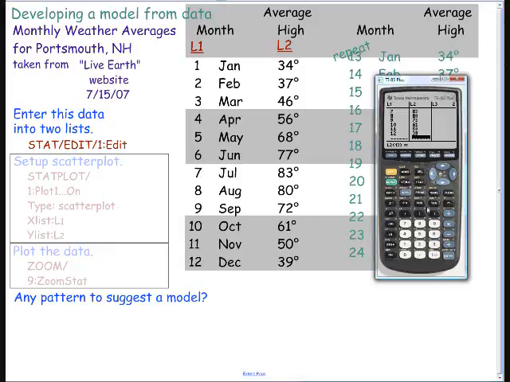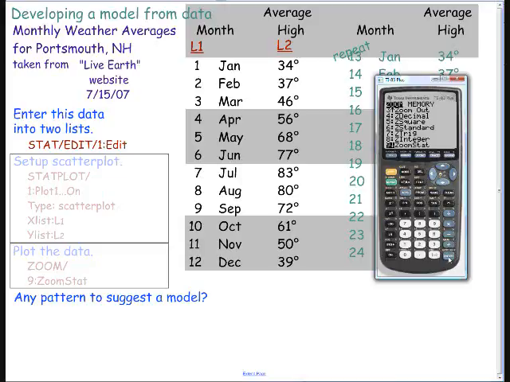Now, let's see what it looks like. We're going to plot it. The zoom function will let us plot in a number of different ways, or set our window in a number of different ways. I want to make sure the window will include everything I'm interested in here. So I'm going to do zoom stat.